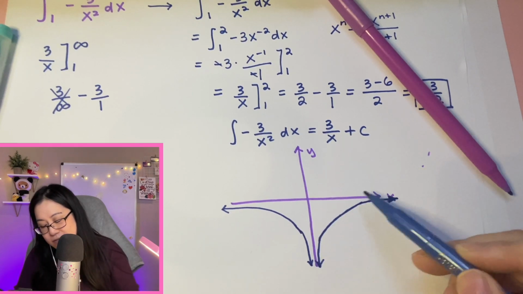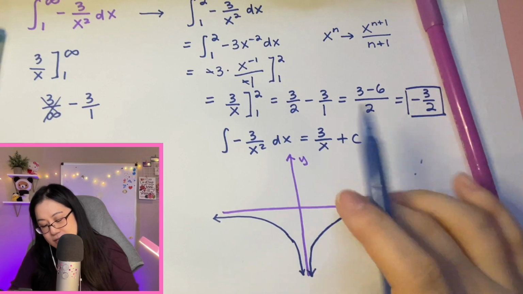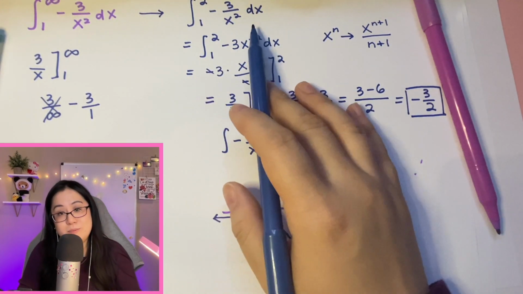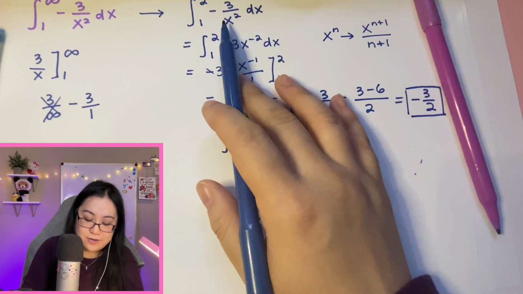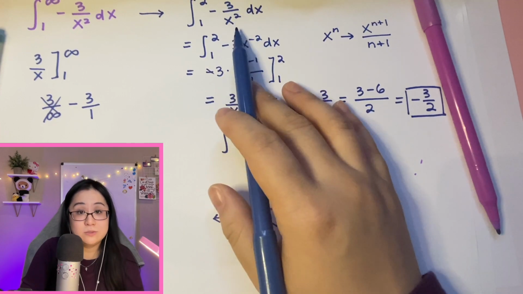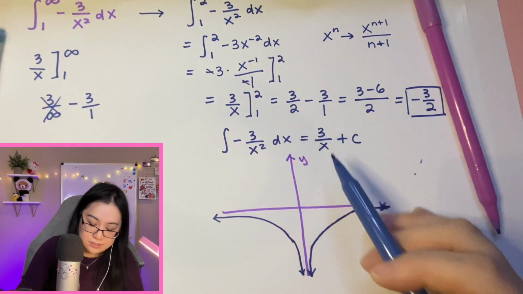And the whole point of sketching this out is that now I can visually see that from 1 to 2, this part's actually all going to be negative, right? We said that this is never going to be positive because the denominator is always positive, and so a negative divided by a positive is always negative.